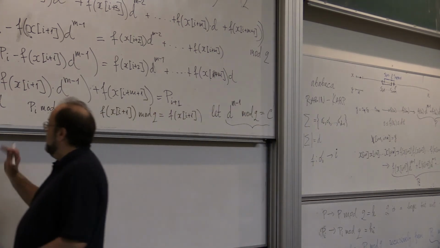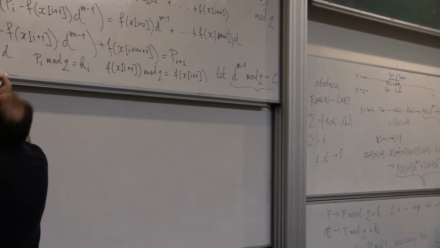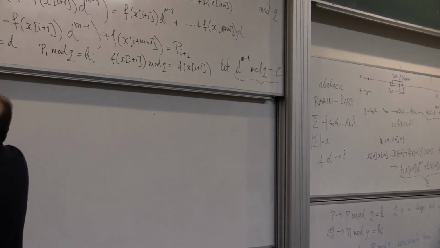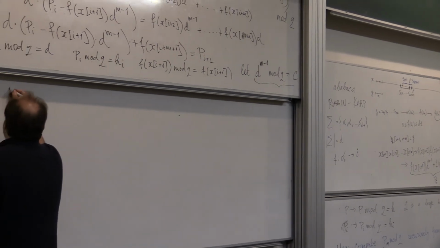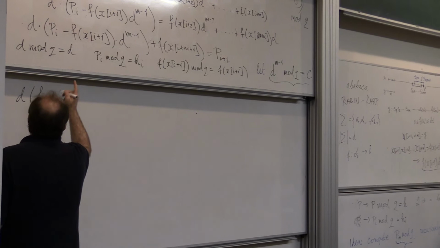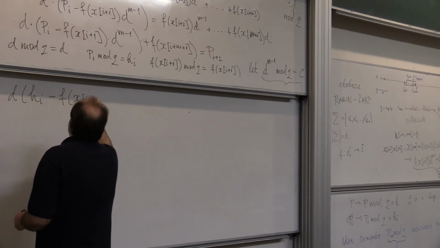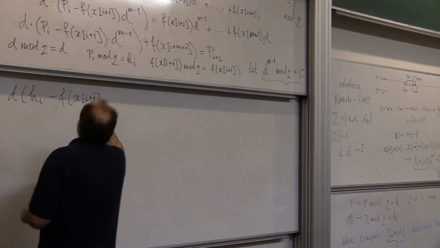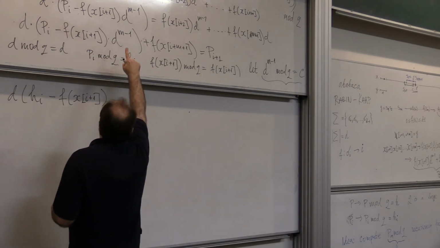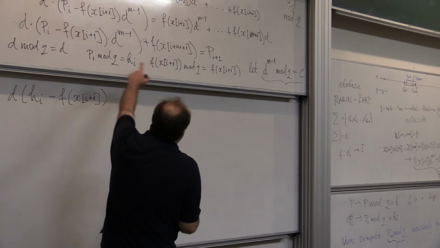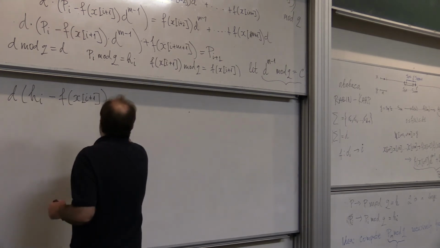So then, having this in mind, we have d times hi minus f of x i plus 1 times, instead of d to the n minus 1, I can replace it with c.